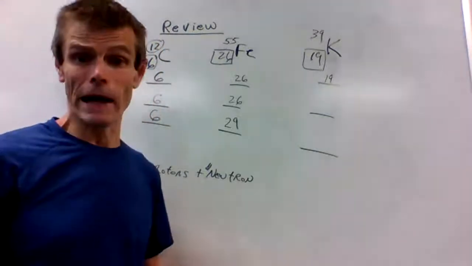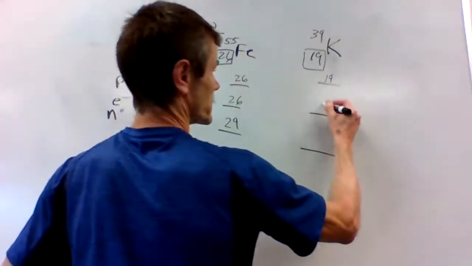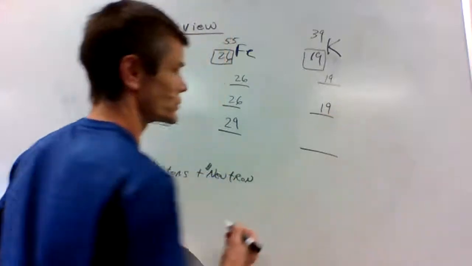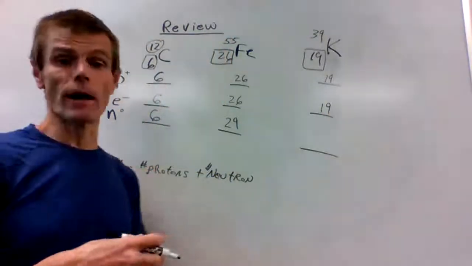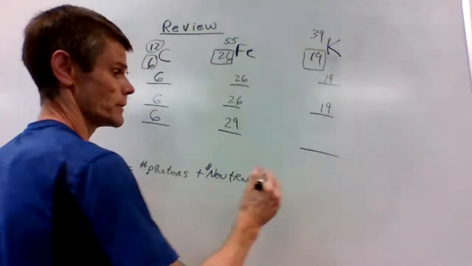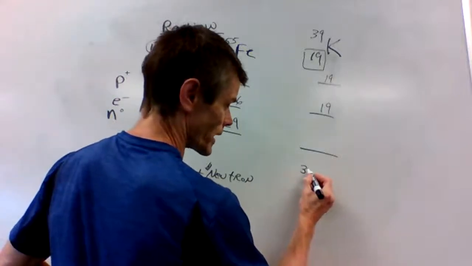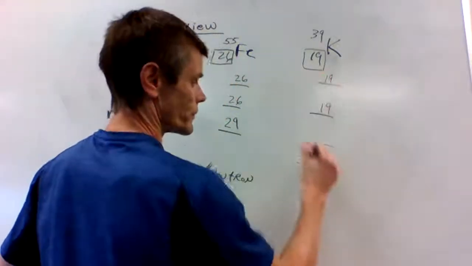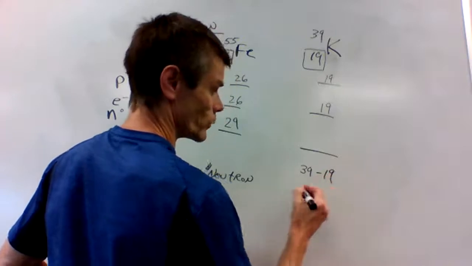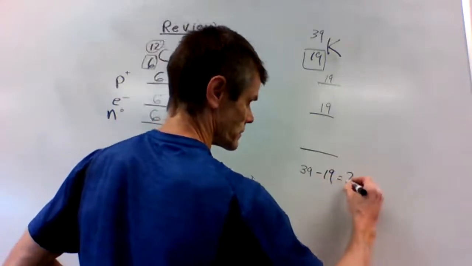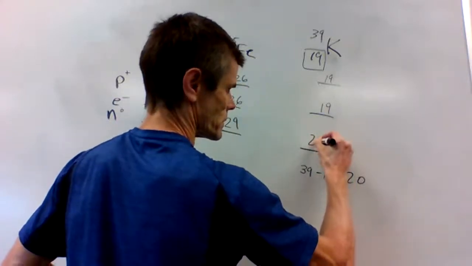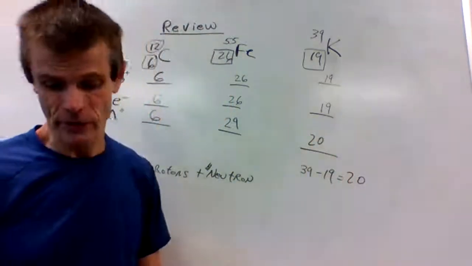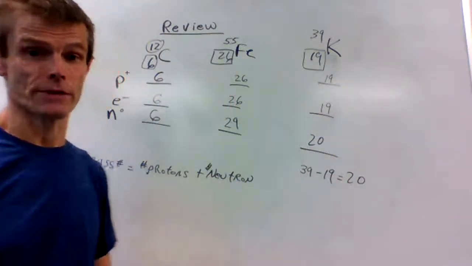It's a neutral atom, needs to have 19 electrons. The number of neutrons is the mass number, 39, minus the atomic number, 19, which is the number of protons. This isotope of potassium has 20 neutrons.